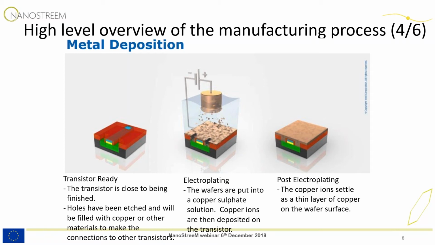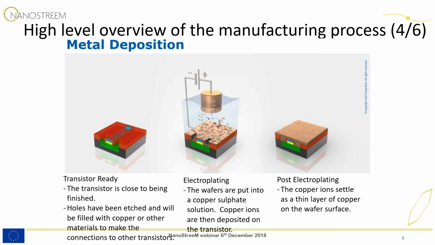And at the end of the day, what we have is that copper ions will be deposited on the transistor itself. And then, as I say, you've got the post-electroplating stage. And this is where we have these copper ions, they settle as a thin layer of copper on that wafer surface.